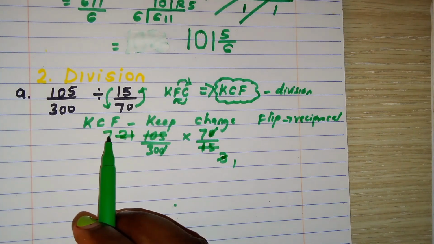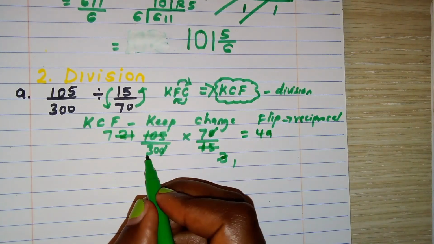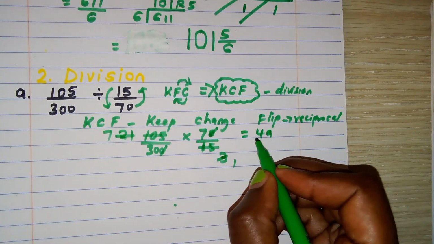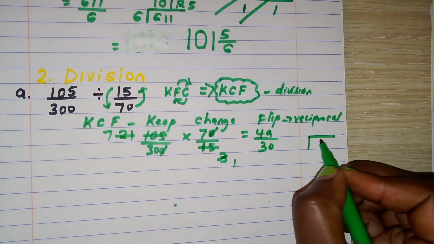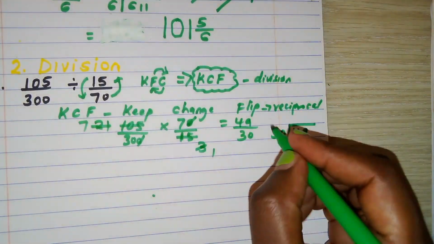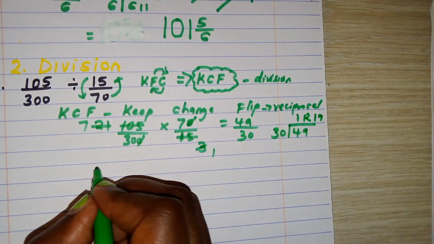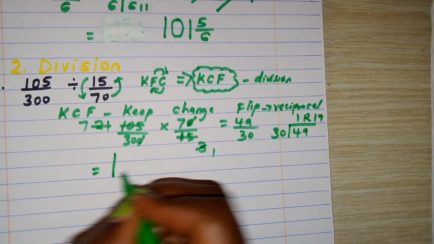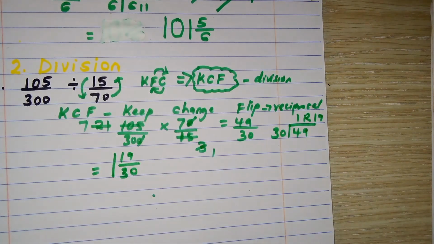Okay, I think that's it. So now we have 7 times 7 is 49, 30 times 1 is 30. So now we do the bus stop method, 49 and 30. 30 goes here once, remainder 19. So the fraction here would be 1 whole 19 over 30.